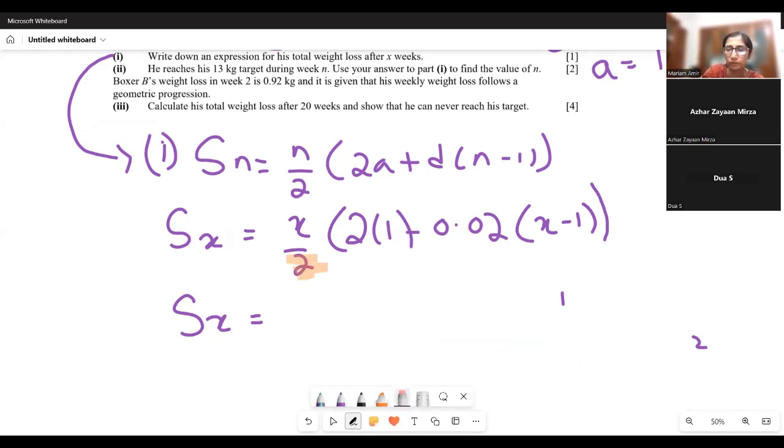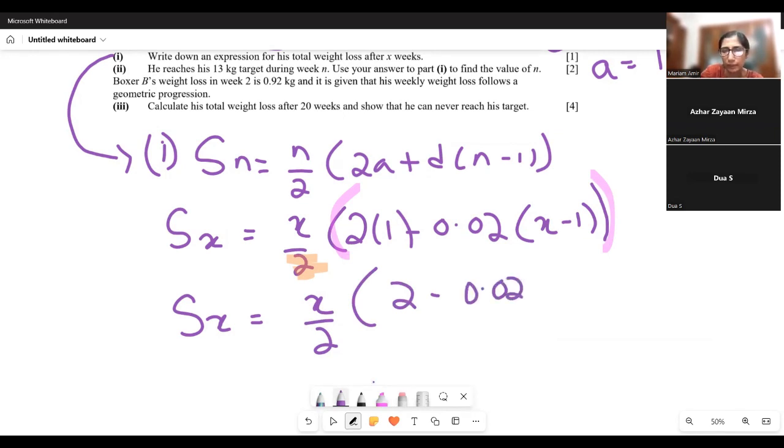Let me just address the bracket first. This bracket को पहले solve करते हैं and then take care of x upon 2 outside. It's going to be 2 minus 0.02 and plus 0.02 x. Yes.